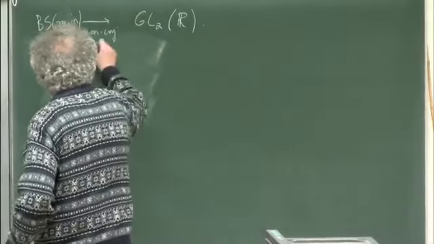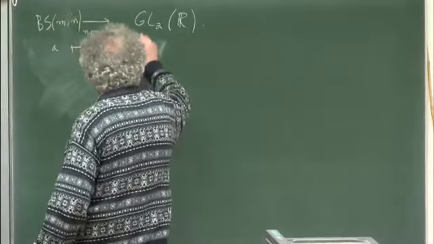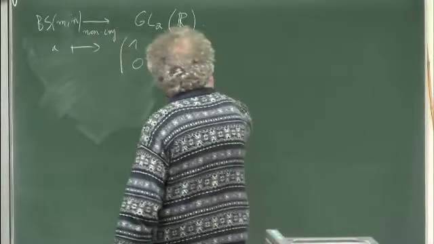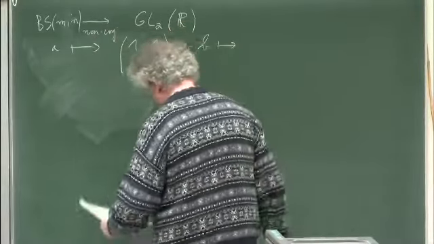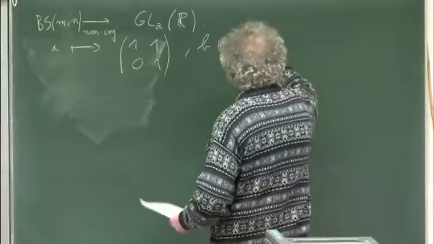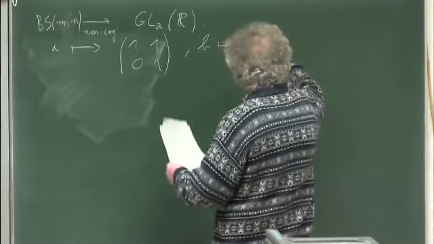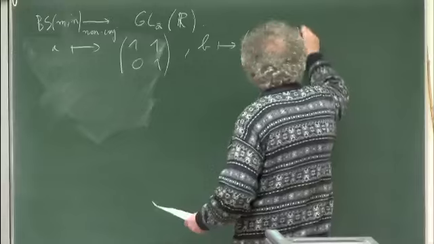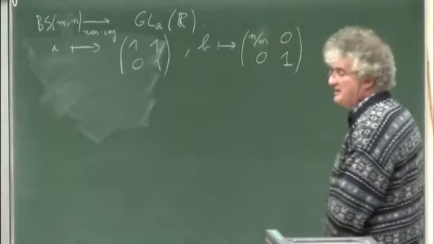You map the generator a to that unipotent matrix, and you map the generator b to this diagonal matrix.